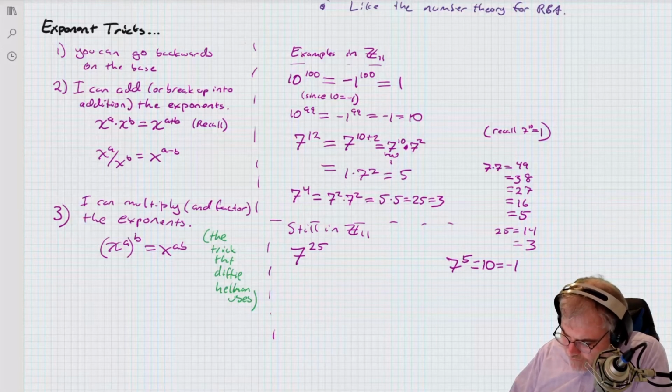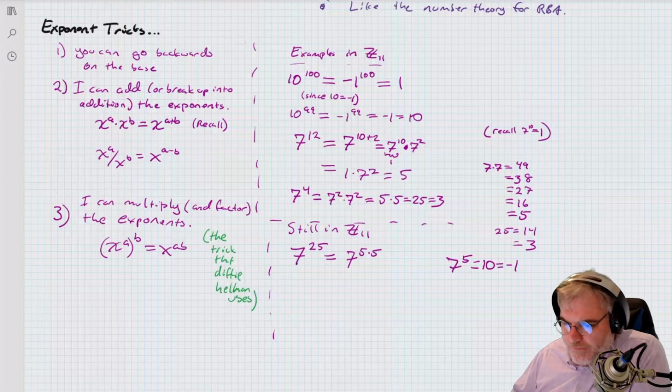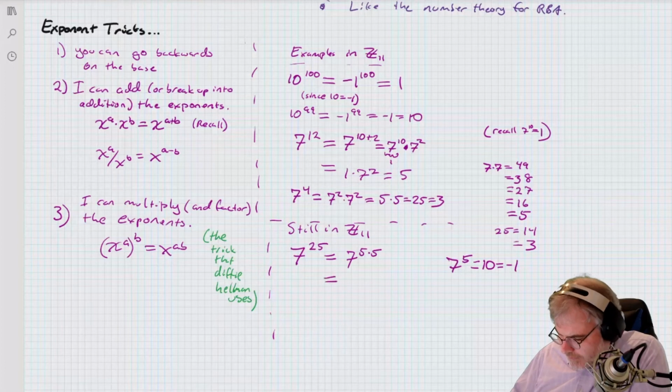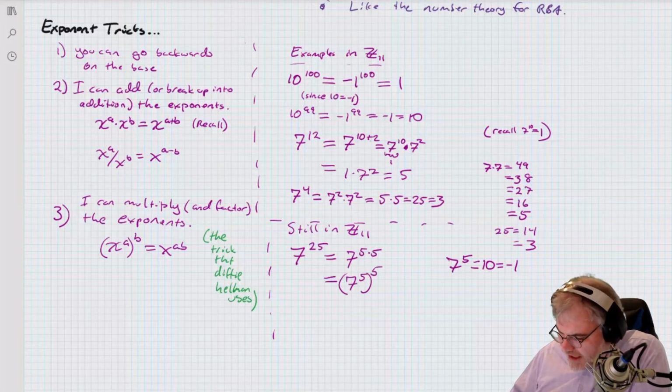Okay, so 7 to the 25th equals, well, this exponent here, I can make this exponent 5 times 5. So I can factor the exponent. When I factor the exponent, I use the rule x to the ab equals x to the a to the b.